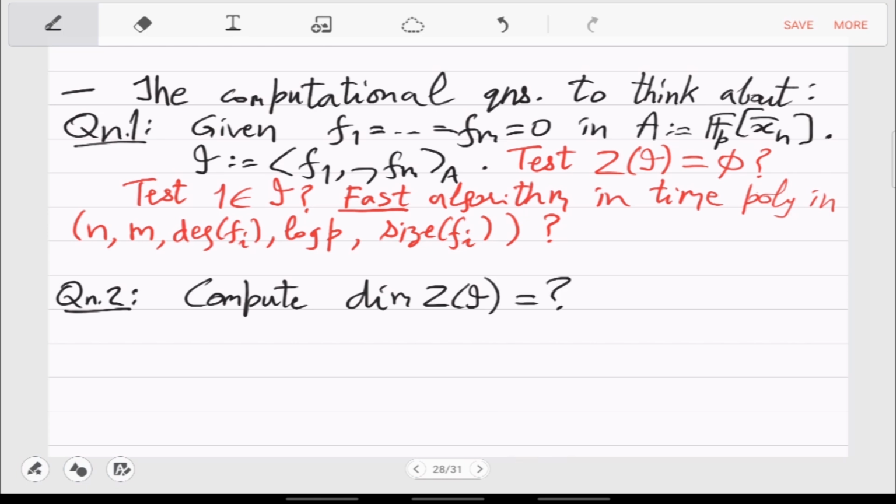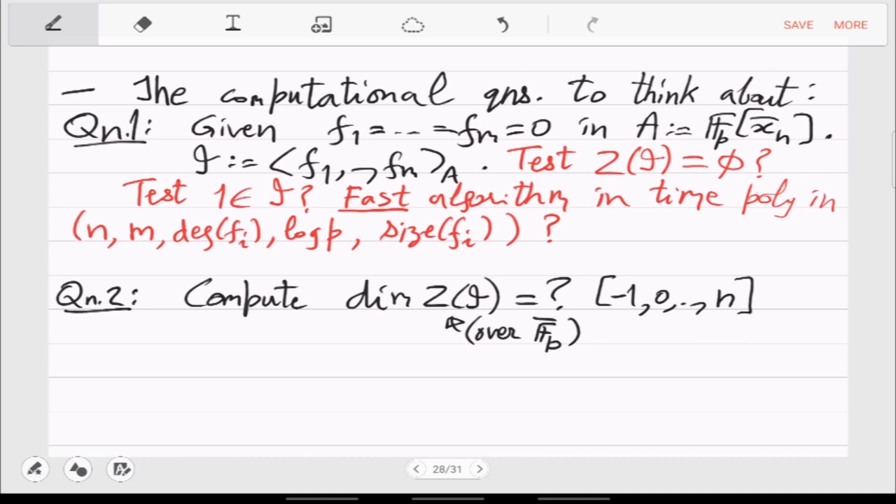Dimension will be a number between -1, 0 and n. -1 dimension means that the zero set is empty, there is no root. 0 will mean that this system has finitely many roots, and 1 to n will mean that the system has infinitely many roots. We can just think of the zero set over Fp bar. Positive dimension means that there are many roots.